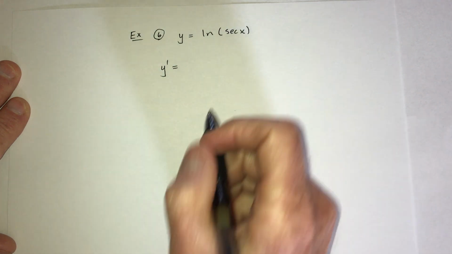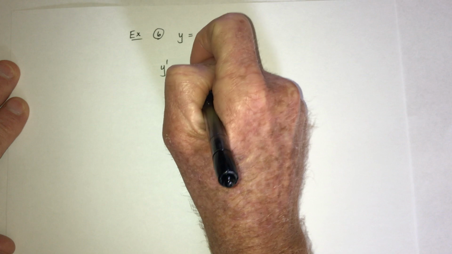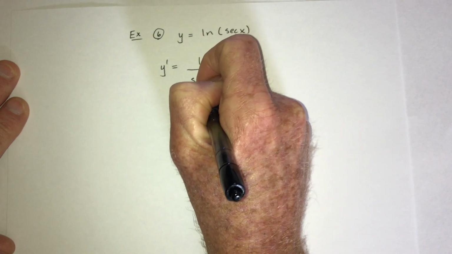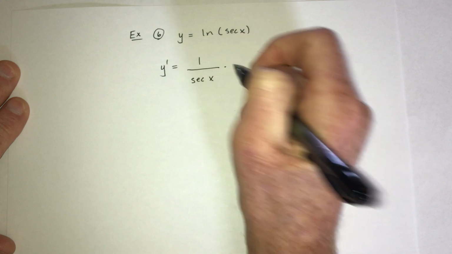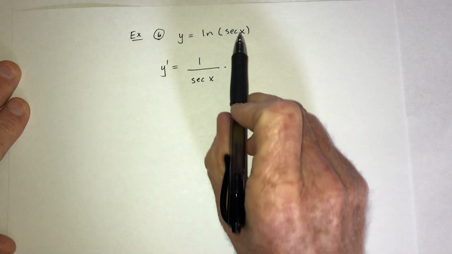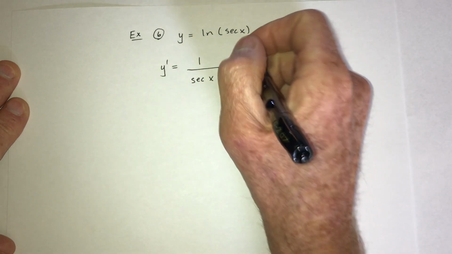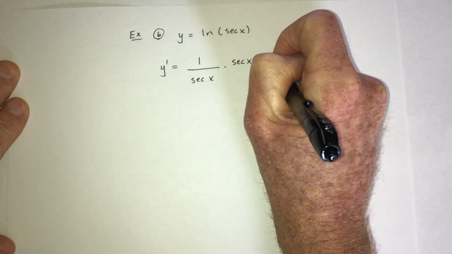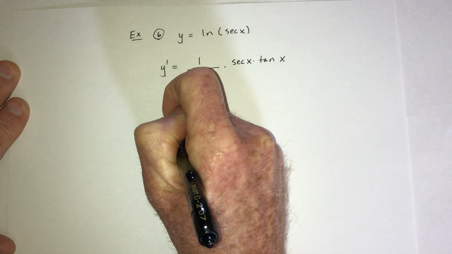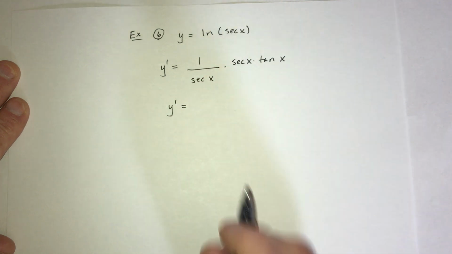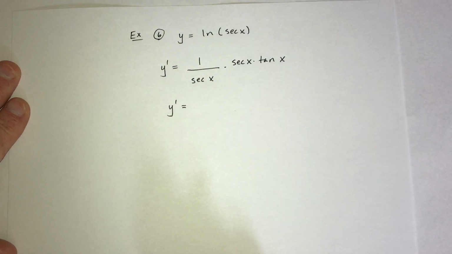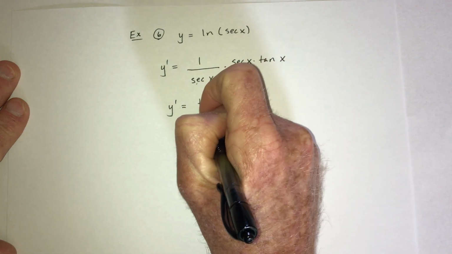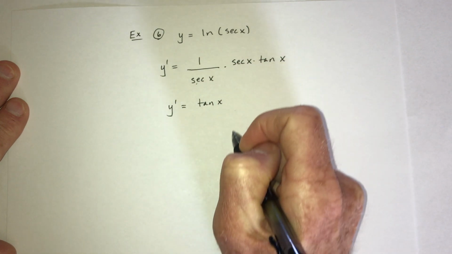On the right side, the derivative of the natural log is 1 divided by whatever's in the parentheses. Now do the chain rule. The derivative of secant of x is secant of x times tangent of x. And then these secants are going to cancel, so all that's left is tangent of x.